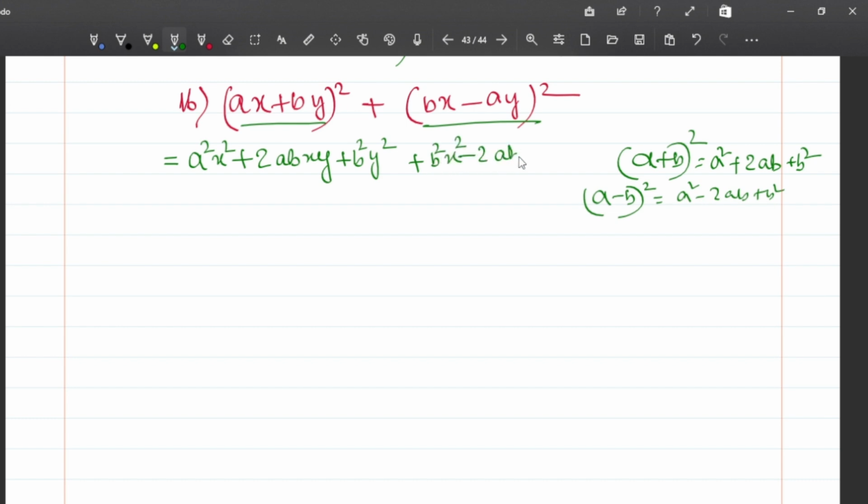This one also. Now cancel 2ab xy and regroup the terms.